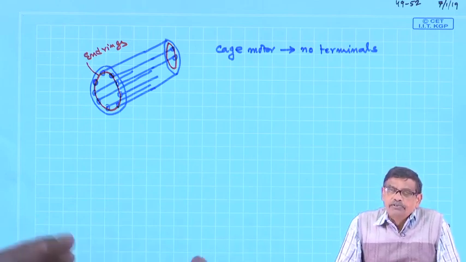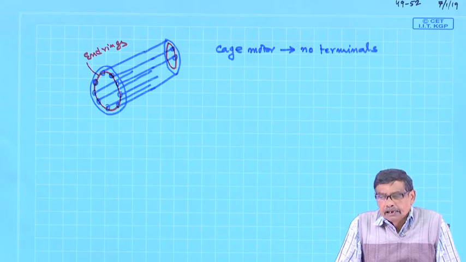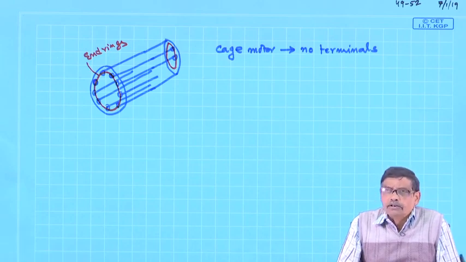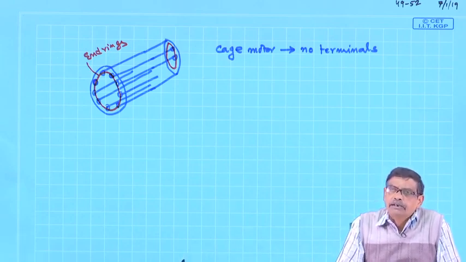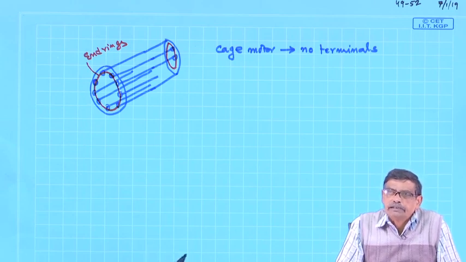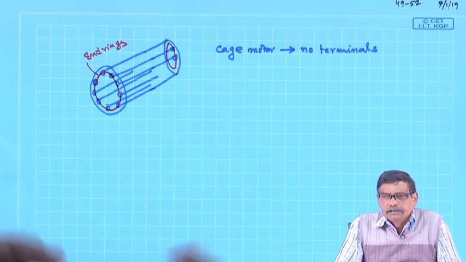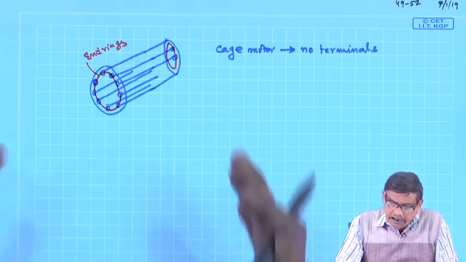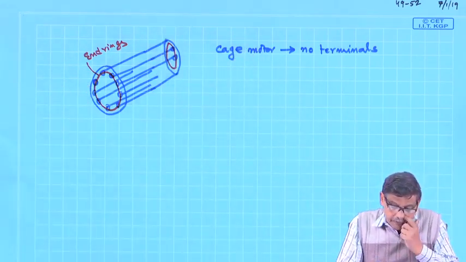Physically, looking at a given induction motor, if you remove the end cover, you will find in slip ring type induction motors there are 3 slip rings and 3 brushes, but in cage type induction motor nothing is available, only rotor, and at both ends it is shorted.